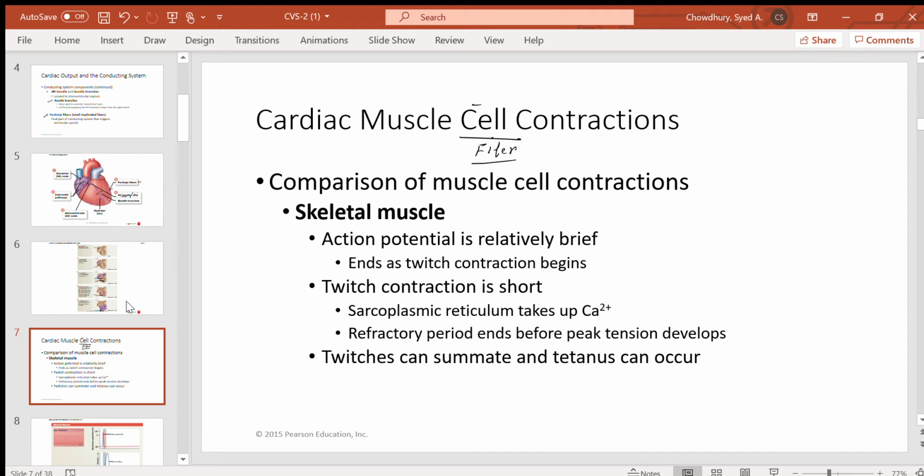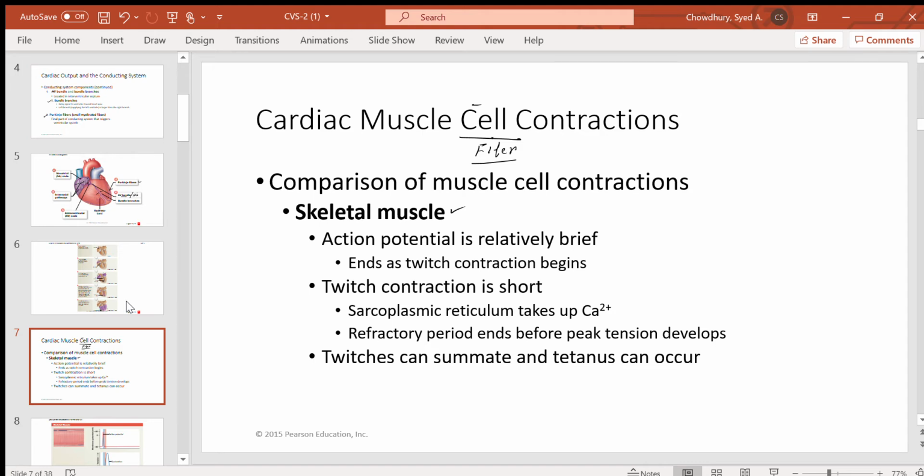Okay, now the contraction of the heart muscle is different than the contraction of the skeletal muscles. Those are the muscles we use to move our body parts, attached to the bones. So skeletal muscle contraction is different than the cardiac muscle or heart muscle contraction.